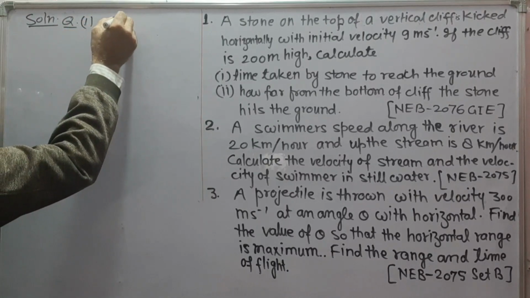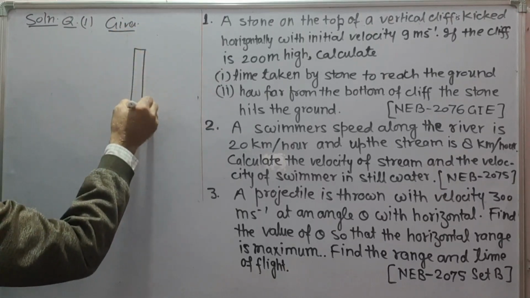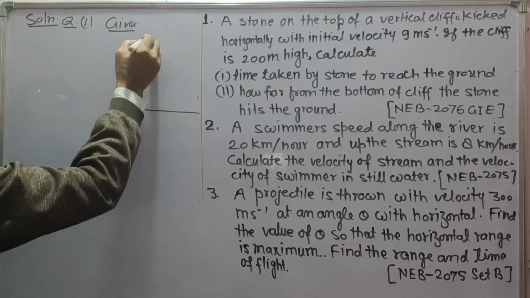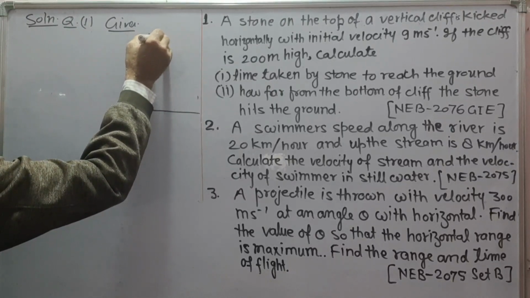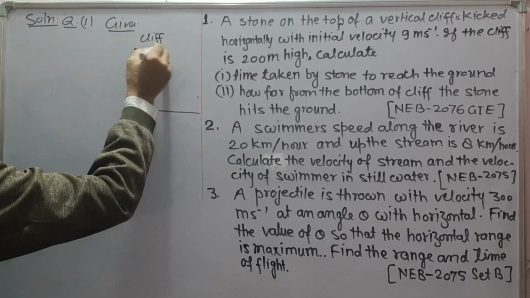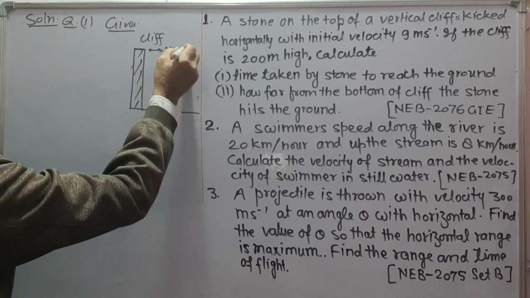Here, suppose this is a cliff or tower, and a stone is thrown horizontally with velocity 9 meter per second.